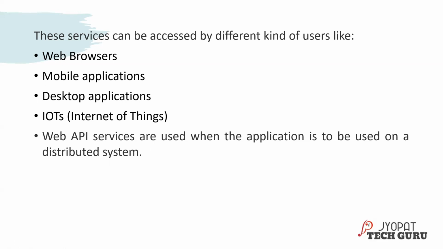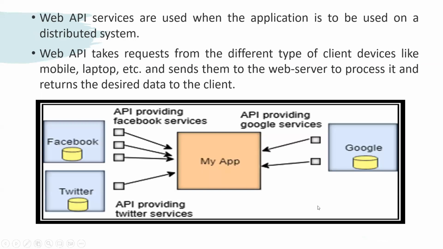So you can access these services by different kinds of users like web browsers, mobile applications, desktop applications, IoT, tablets. Web API services are used when the application needs to be used on a distributed system. So when many people want to access your application, at that time you can prefer this. Let us assume this pictorial diagram in which we have Google, Facebook, Twitter, all APIs available.